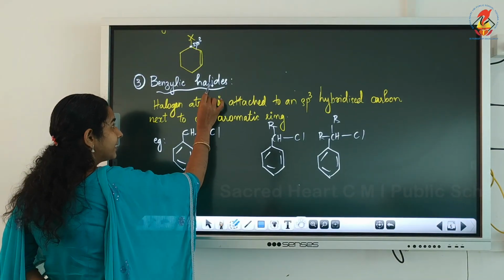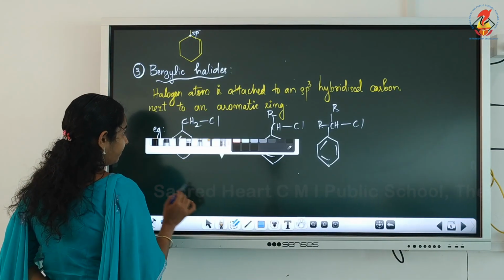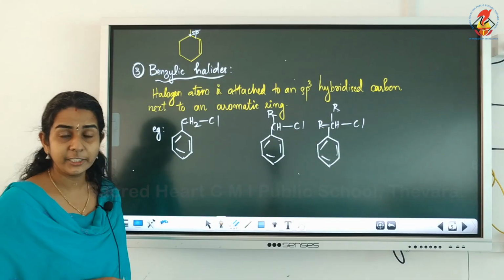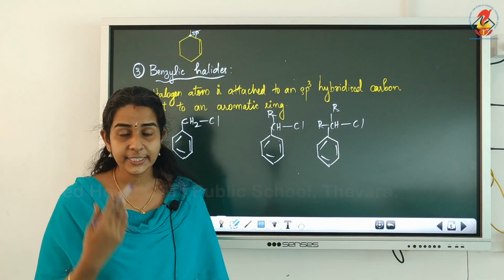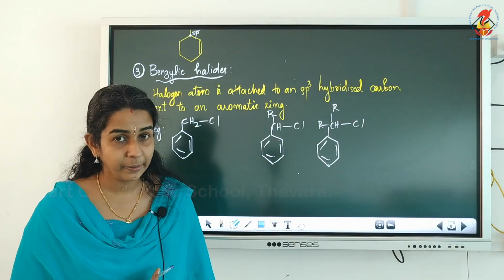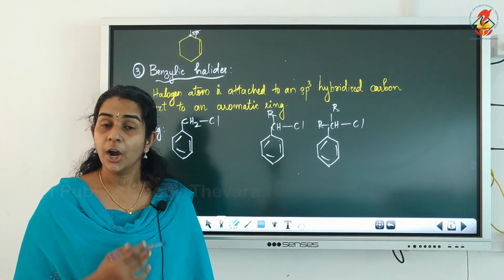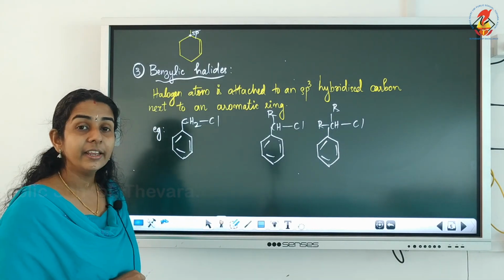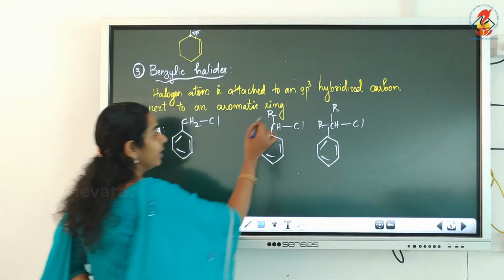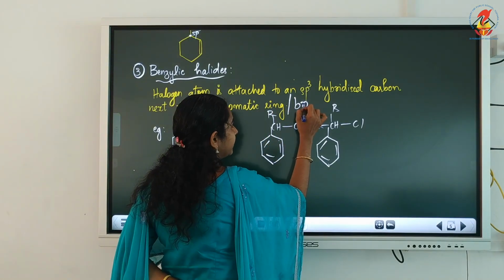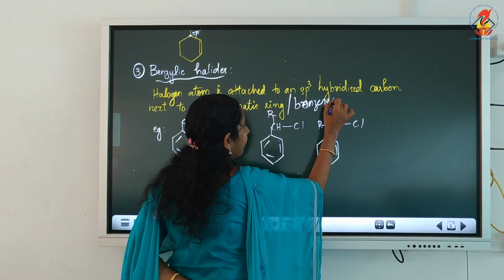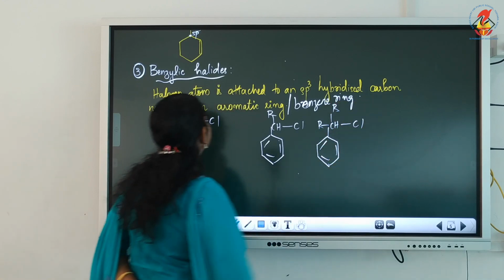Next one is benzylic halides. Benzylic halides means here also X is attached to an sp3 hybridized carbon, but on the adjacent position there will be an aromatic ring, or we can call it a benzene ring. Clear?